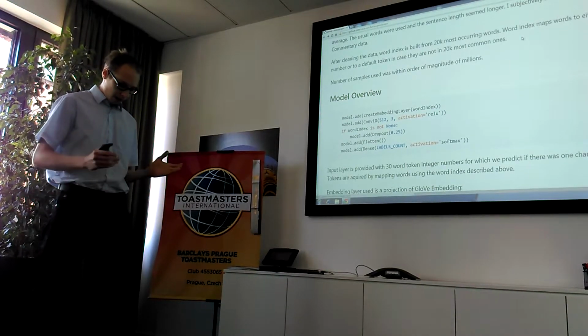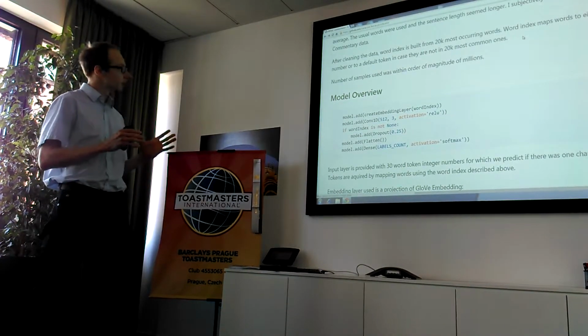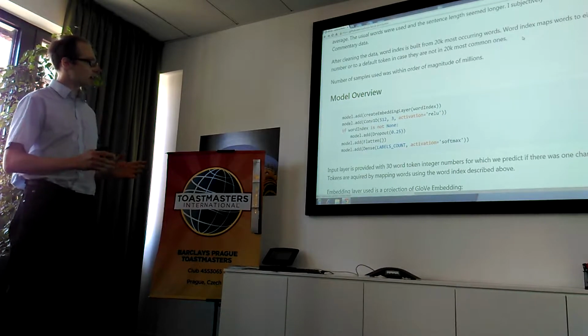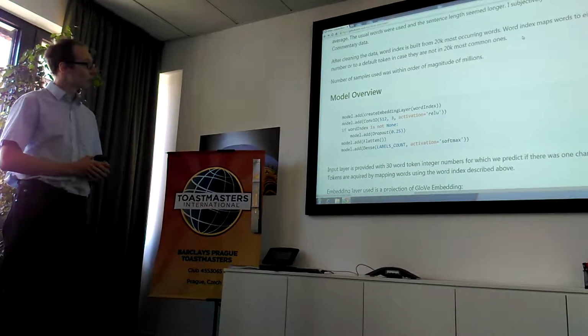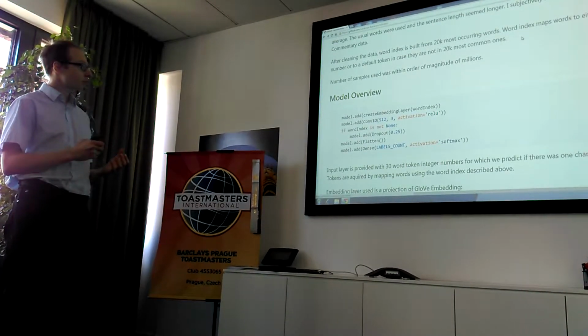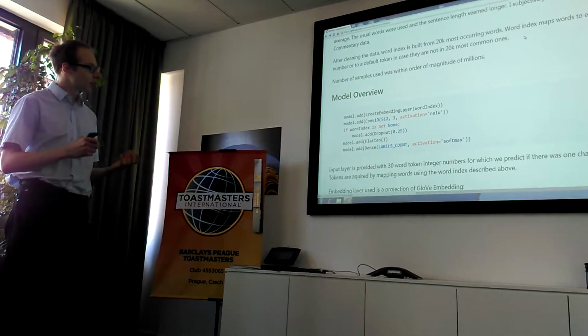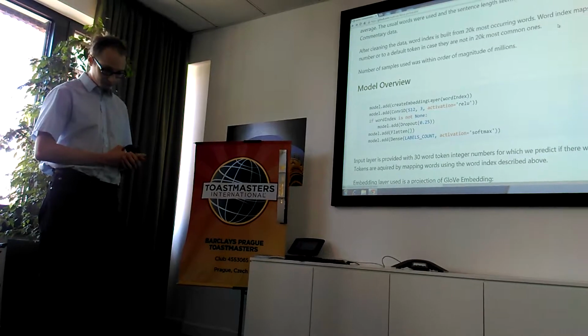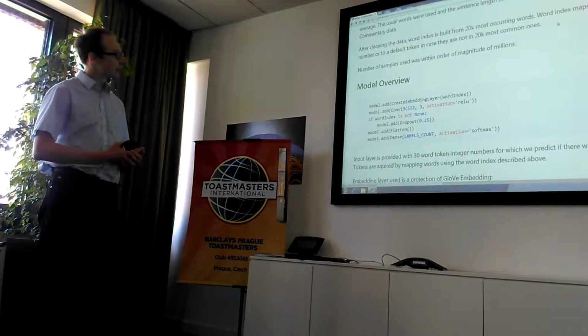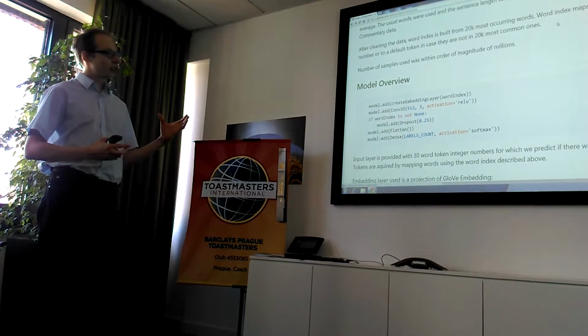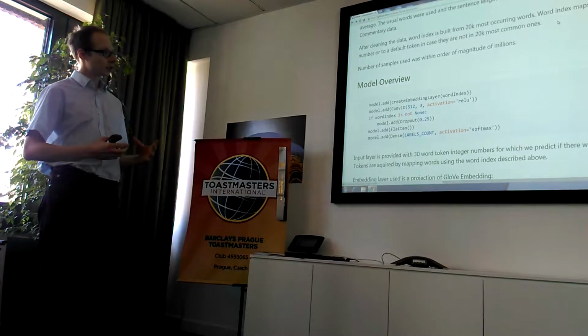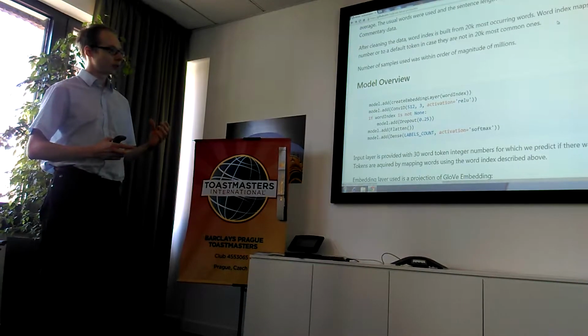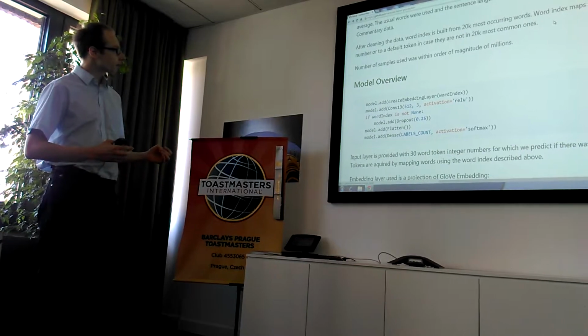This is done by analyzing some body of data and looking for the 20,000 most common, most occurring words, and only these words are then considered during training or during prediction.